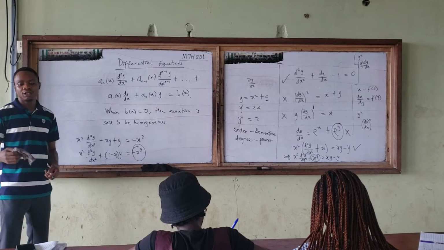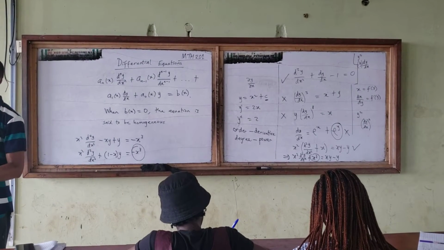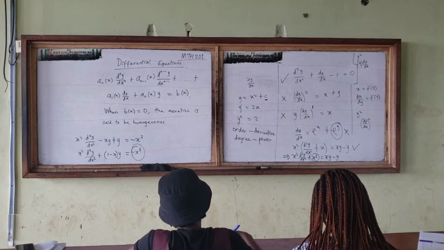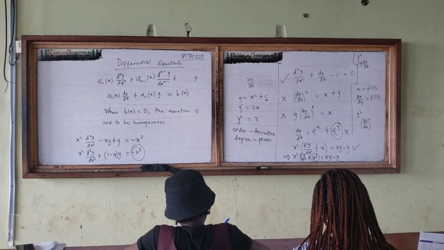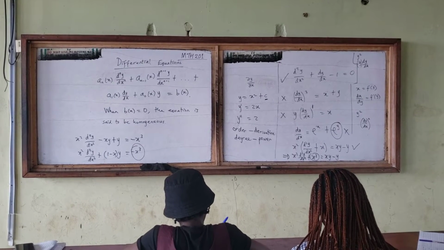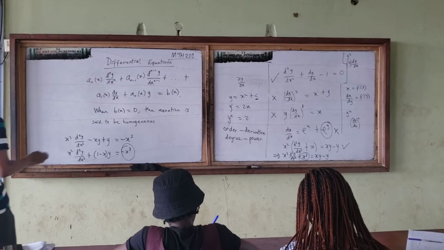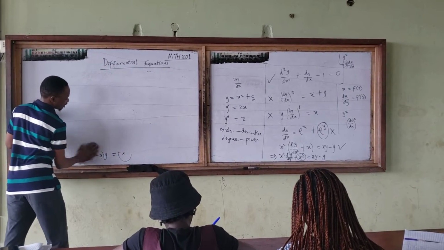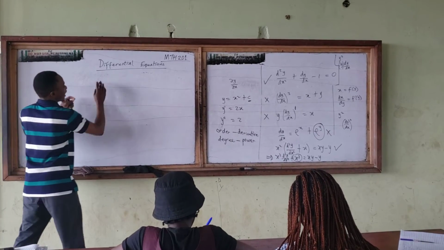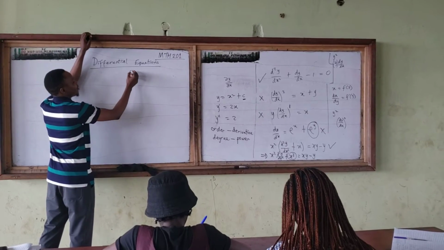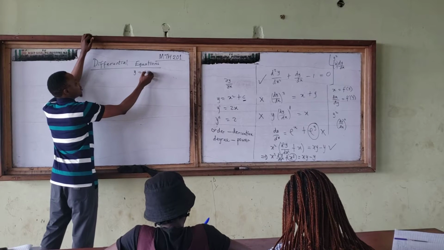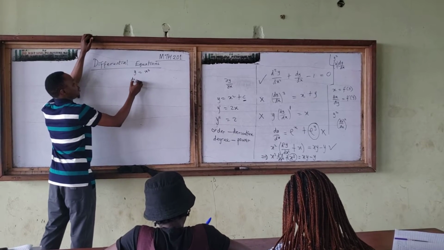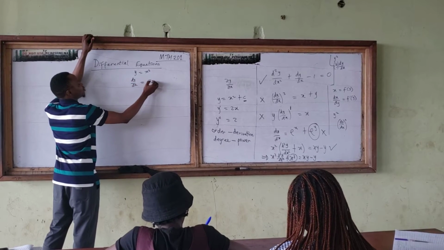We're talking of variable separable differential equation. That means that you may have a differential equation where you can easily separate the variables. This is what we mean by that. Look at something like this for a very simple situation. I made an example the other time of having y equal to x squared and dy dx being equal to 2x.